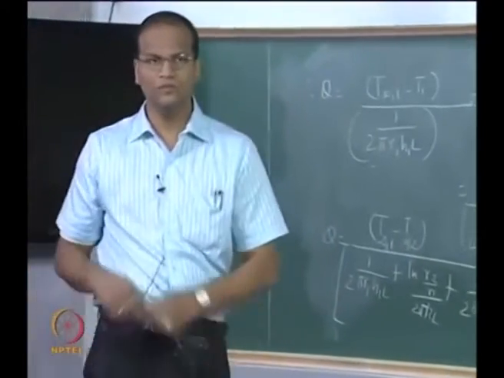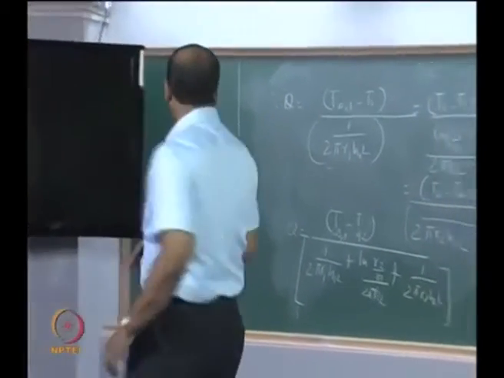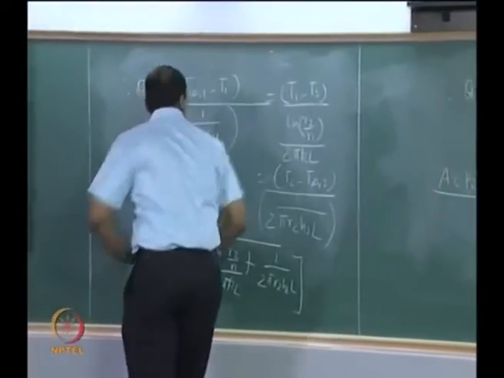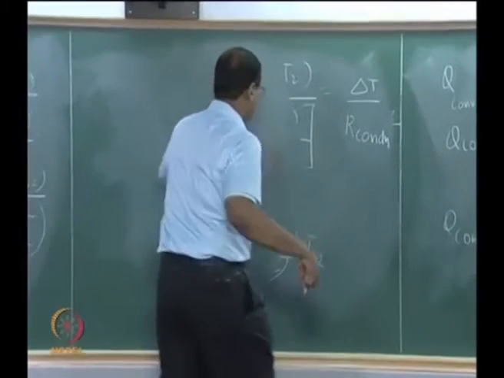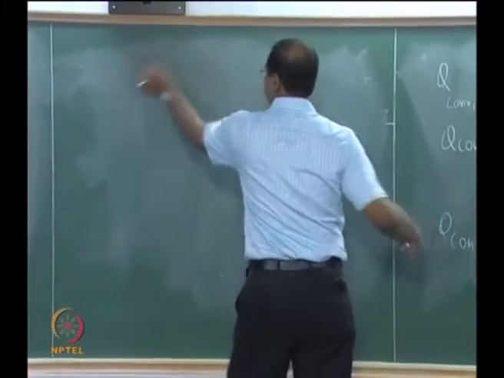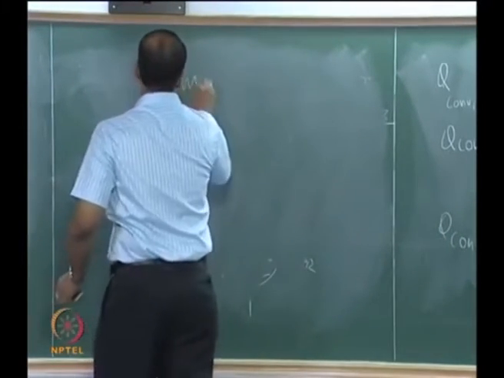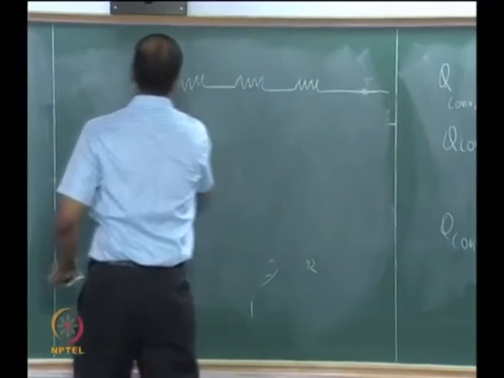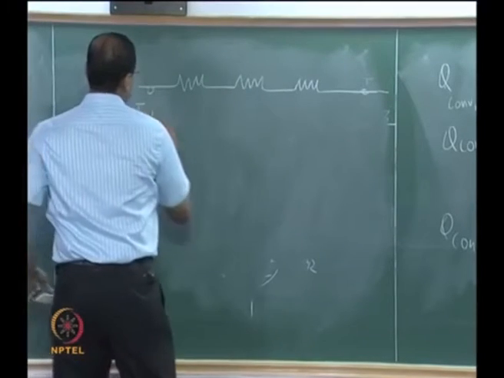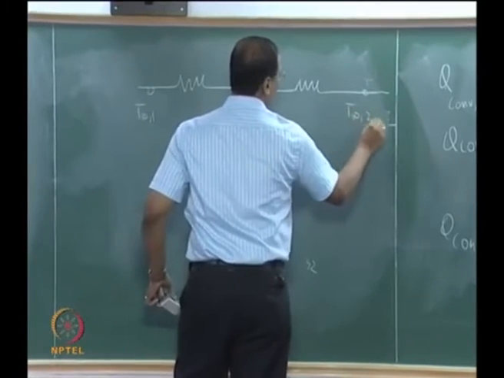Okay, so using the concept of electrical analogy, we can say, you have the potential difference T infinity 1 to T infinity 2.